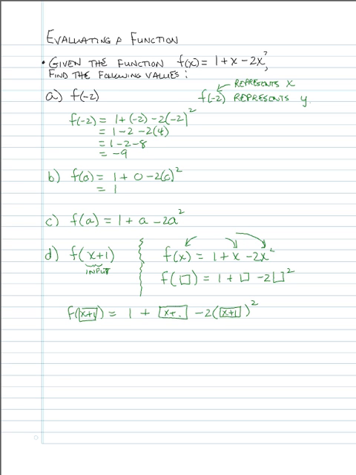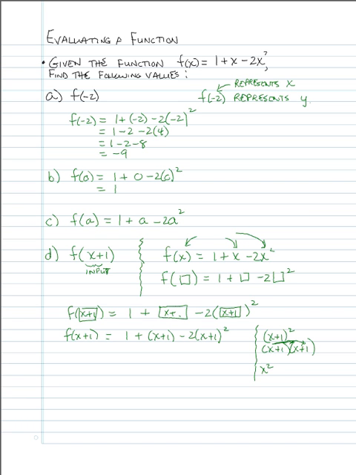So we just get used to replacing, it's just a substitution. Now, to calculate that, we need to do some work. So we would have our 1 plus our x plus 1 minus our 2 times x plus 1 squared. Now, of course, we need to figure out what x plus 1 squared is, and we would simply use FOIL to do that, and I know you know how to do that, but I'm going to remind you. We'd multiply the x's together, we'd get x squared.